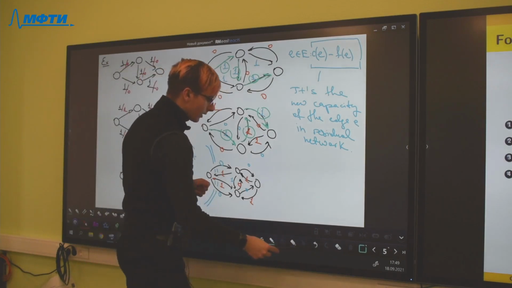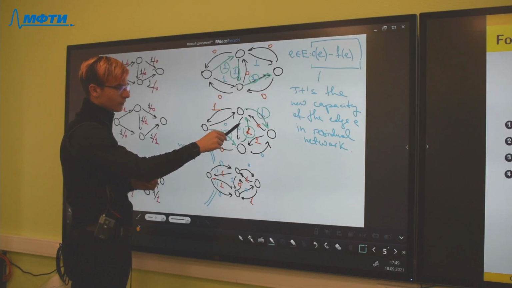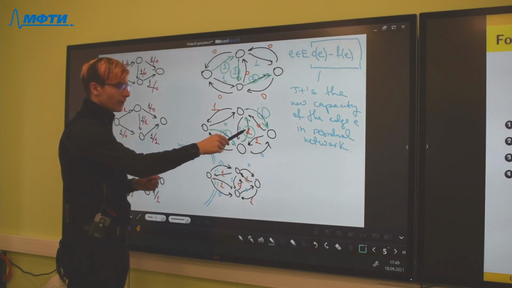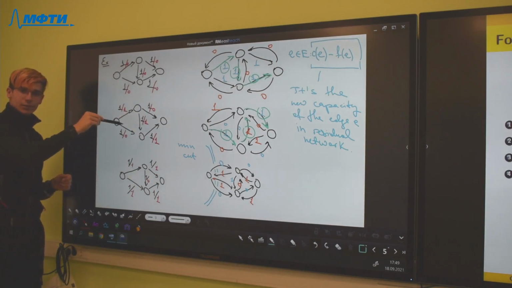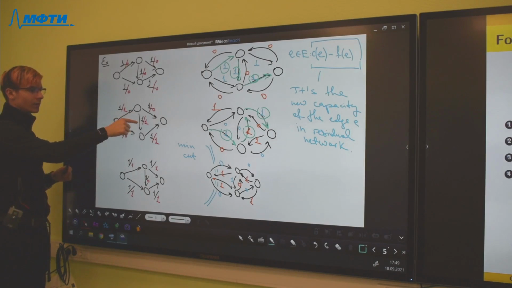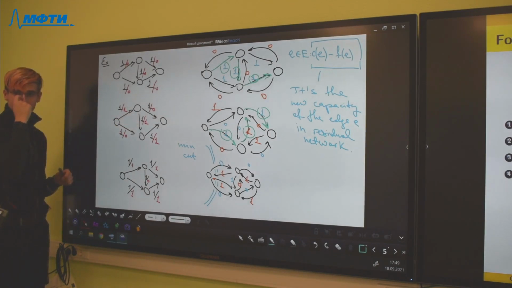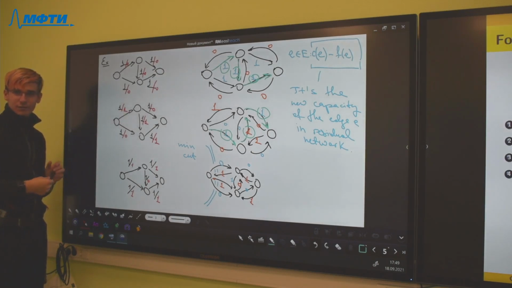And if we have backward edges on the path, we need to decrease flow on the edge in the initial graph. It is very important that to increase the value of flow, we need to decrease flow on the current edge and increase it on the other edges.